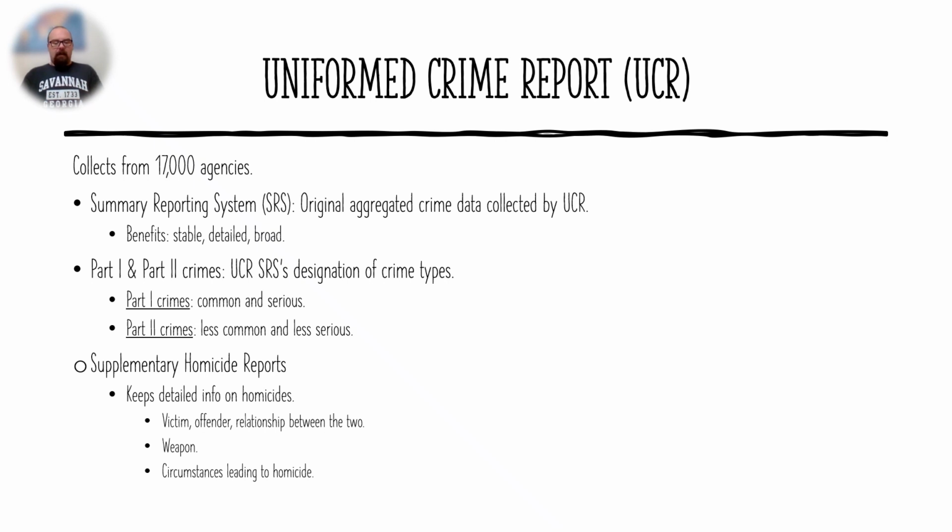At the time, available data failed to provide information on the characteristics of offenders, on victims, on the incident. It's very much like, here's the amount of homicides we had, here's the amount of property crimes we had, here's the amount of white-collar crimes we had. It doesn't really give us much detail about the characteristics of those crimes.